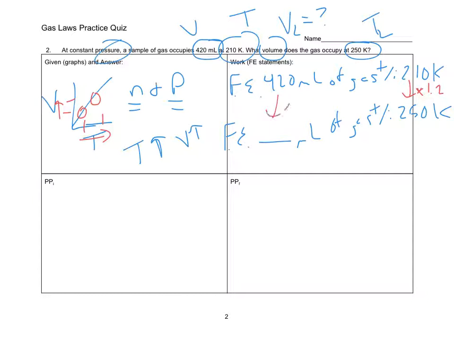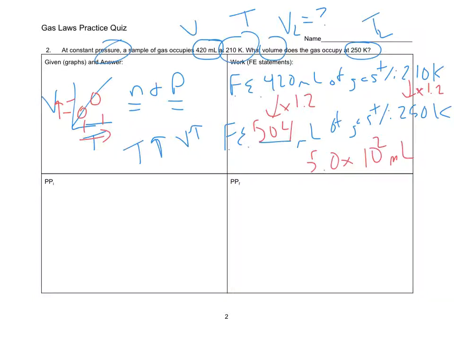And this goes up by 1.2 as well. So 420, a tenth of that would be 42. Twenty percent of it then is 84. And that would be 504. So 504 milliliters. Sig figs, we only need 2 if we were being technical, so that would be 5.0 times 10 to the second milliliters.